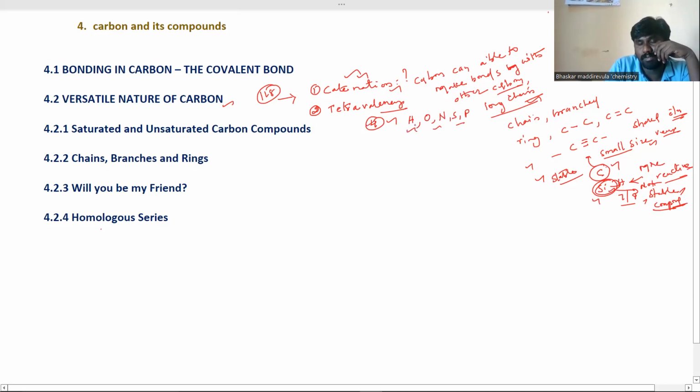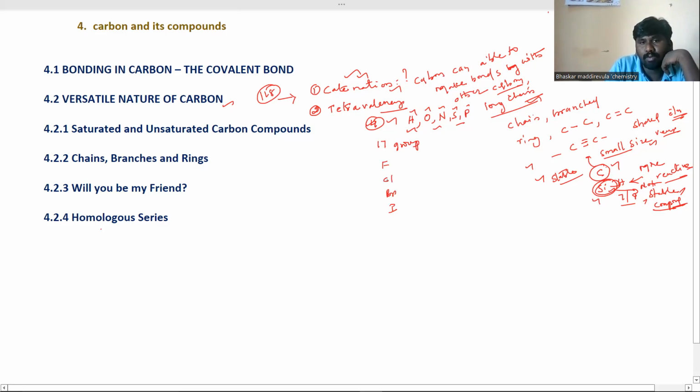Carbon can make bonds with hydrogen, oxygen, nitrogen, sulfur, phosphorus, and also chlorine, the halogen family. That is the 17th group. Under the 17th group we have fluorine, bromine, iodine.